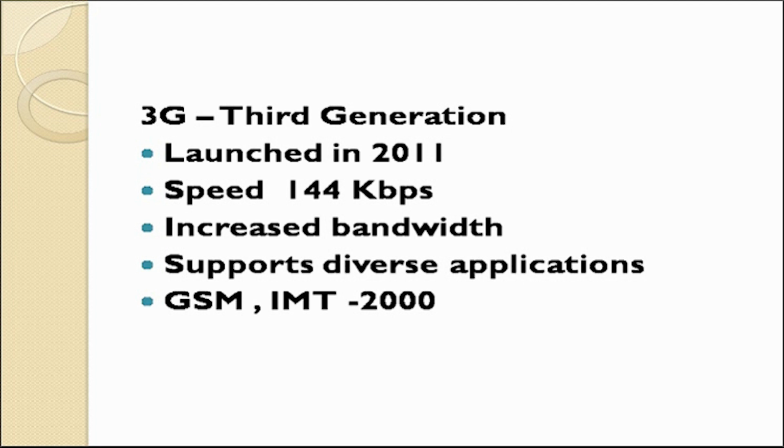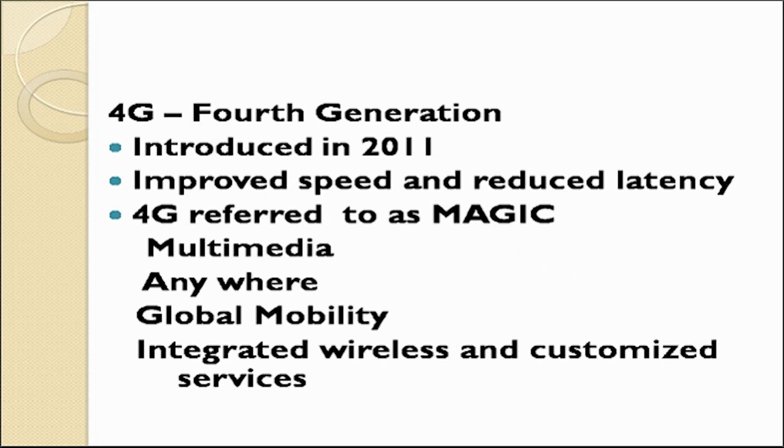Here I mentioned some models of 3G: GSM and IMT 2000. GSM stands for Global System for Mobile Communication, then IMT stands for Information Management Technology. 4G, fourth generation, was introduced in 2011 to improve speed and reduce latency. 4G is also referred to as MAGIC.